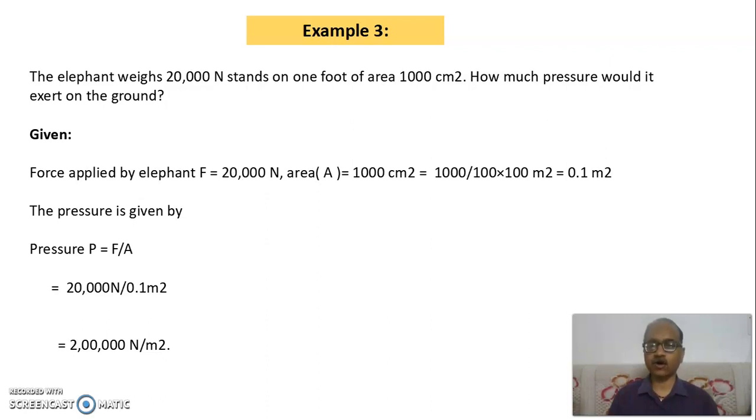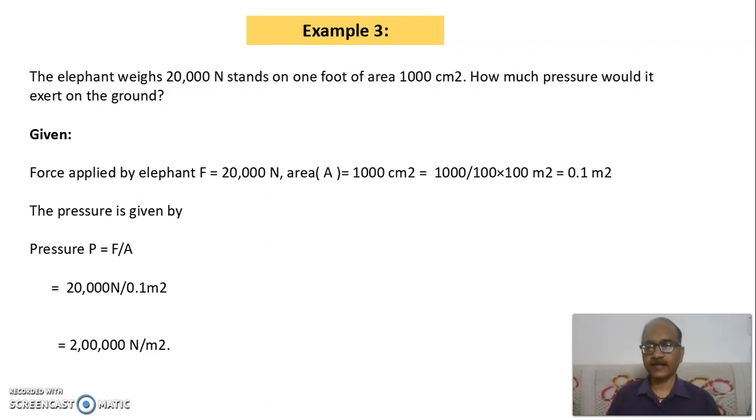It stands on 1 foot of area 1000 centimeter square. How much pressure would it exert on the ground? I repeat the question. The elephant weighs 20,000 newton, stands on 1 foot of area 1000 centimeter square. How much pressure would it exert on the ground?